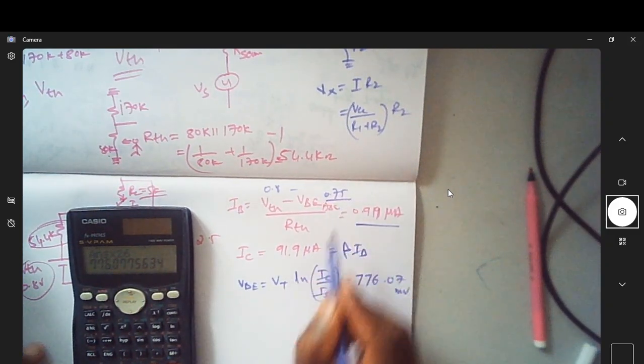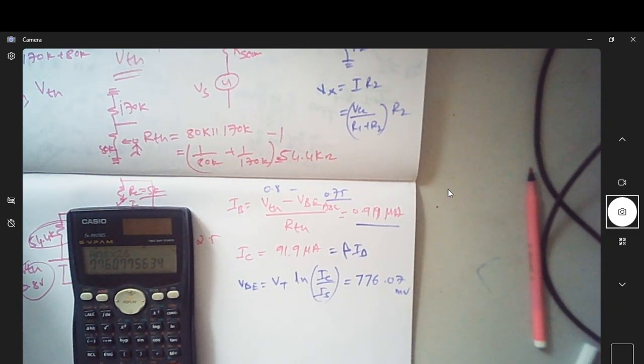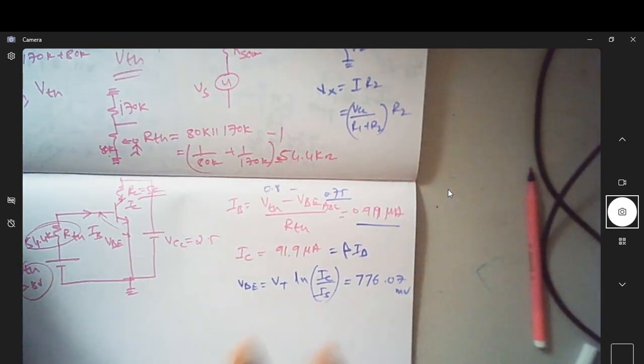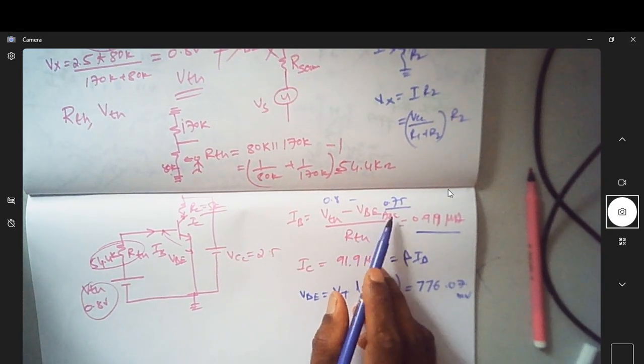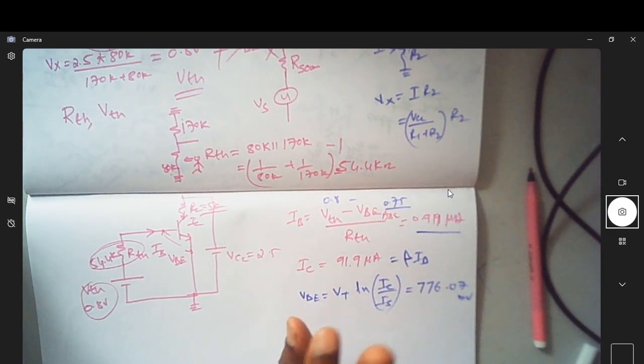So our assumption is 0.75, this is 750 millivolt, but I am getting 776 millivolt, because we know that even few millivolts of change in VBE is going to have a huge change in your IC. So this is not consistent in terms of both the equations. So we assumed this as 0.75, then this assumption is not correct.